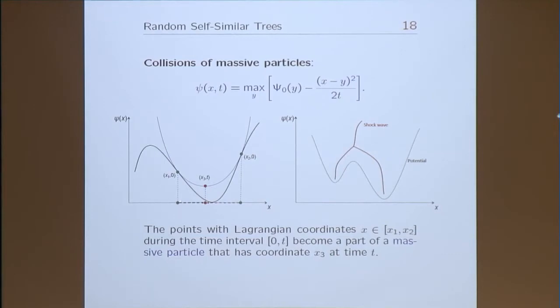Let's look at the corresponding interval on the x-axis, and let's look at the minimum of that parabola also projected on the x-axis. So all of these points will collide into one massive point here at time t. And how do you know t? Well, this is the coefficient when you inscribe the parabola. So by time t, they all will be here.